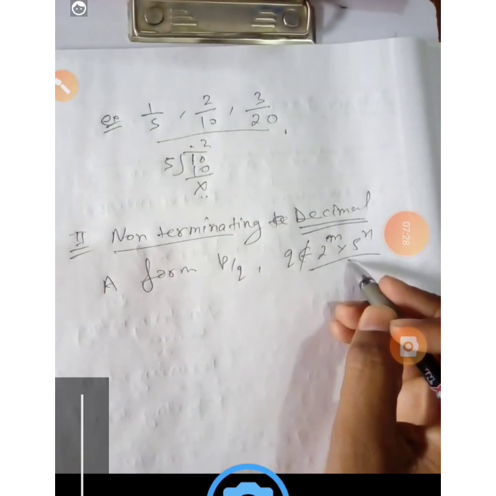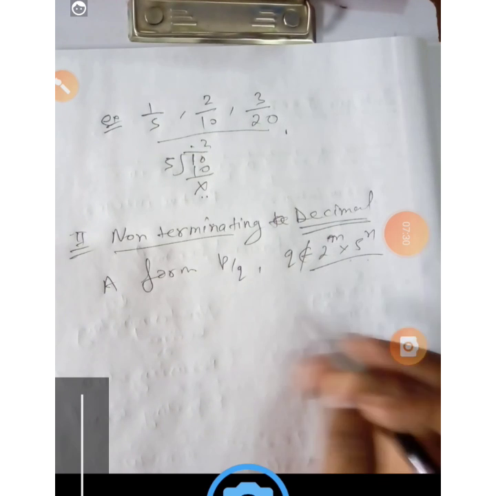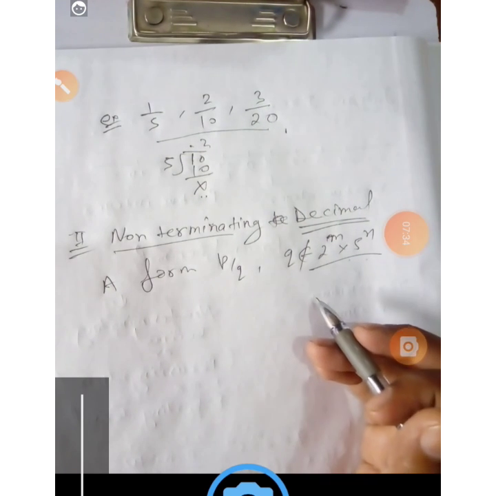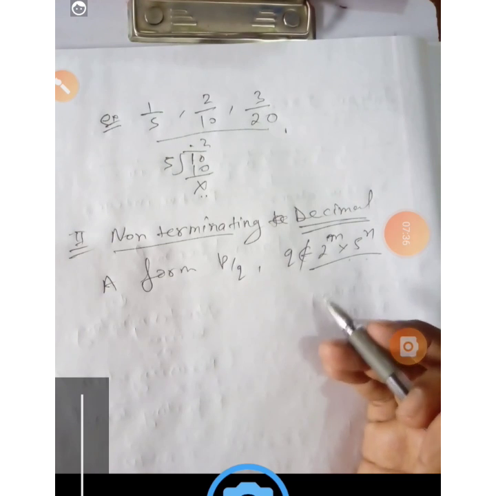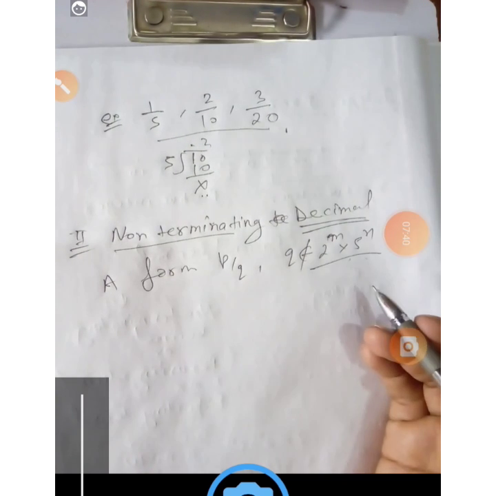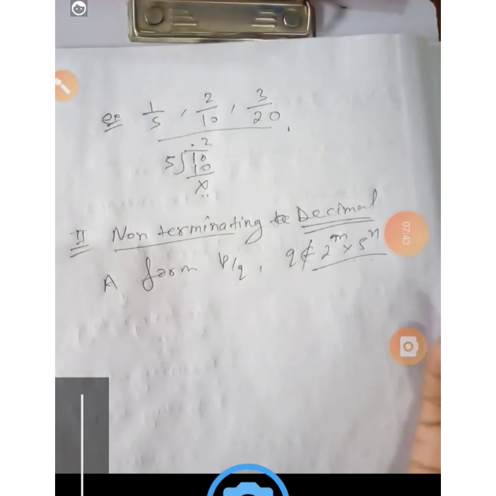It means it cannot be in this form, or otherwise the rational number after division cannot end with 0. That is called a non-terminating or recurring decimal, where after some time the digits are repeated.